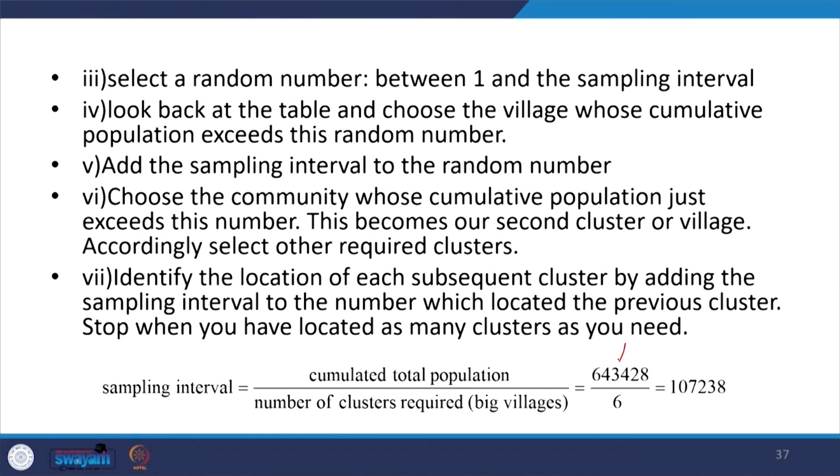This is just for my own data. From my own data, this was the total number, and the required number of clusters was 6. From each of these units we are supposed to select our samples. So, you need not get confused with these numbers.